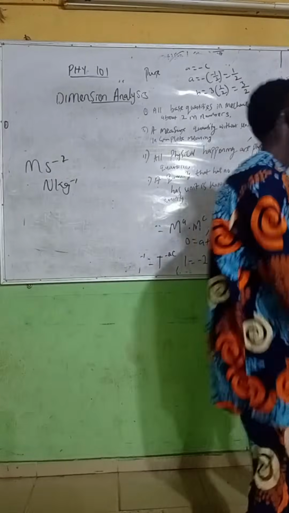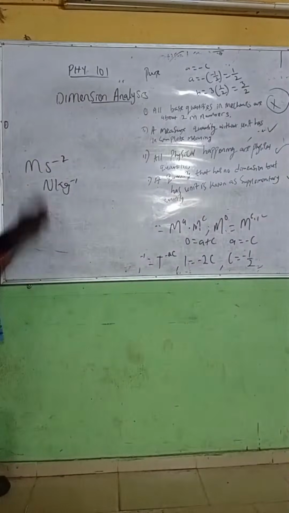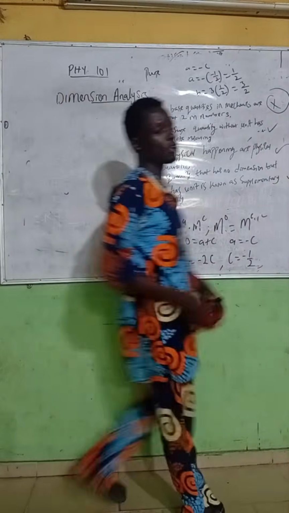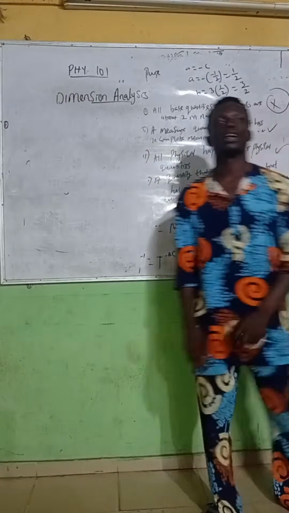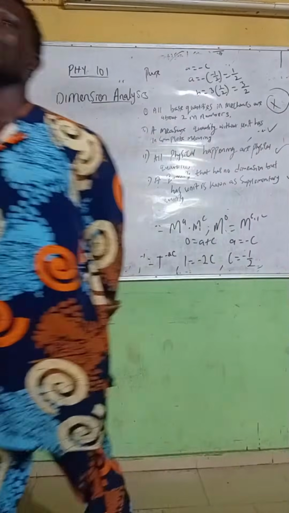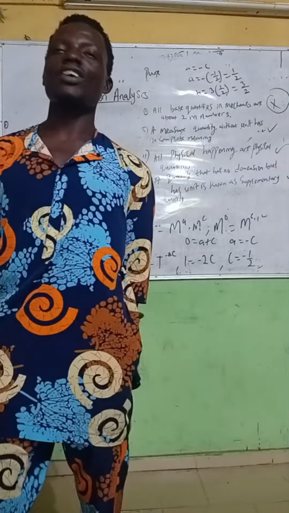Another one. Which of the following statements is or are correct? Statement one: a dimensionally correct equation may be physically correct.